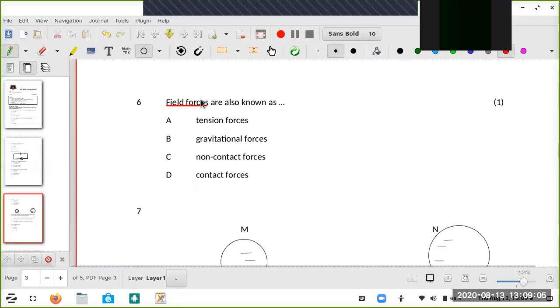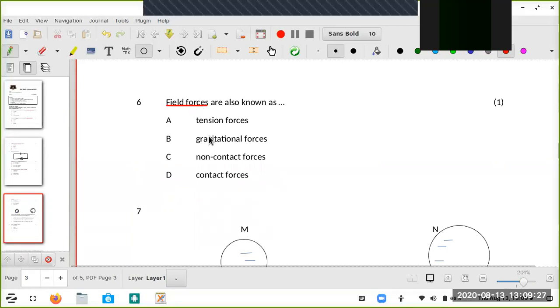It's not under field forces, so which means it's out. Gravitational force, yes, it's a kind of force that falls under field forces. But is it our correct answer? Let's find out. We are looking for the other name here for field forces, of which gravitational is a specific type of force under field forces, right?